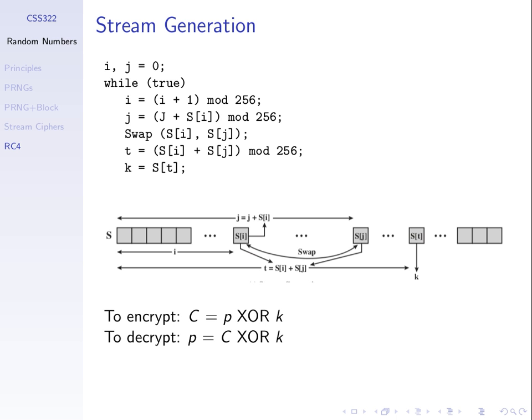What we do, in a loop, we have i and j, new values of i and j. Increment i, mod by 256, j equals the previous value of j plus Si. So grab the value from S according to the index, swap those two values of S, so permutate S based on i and j.